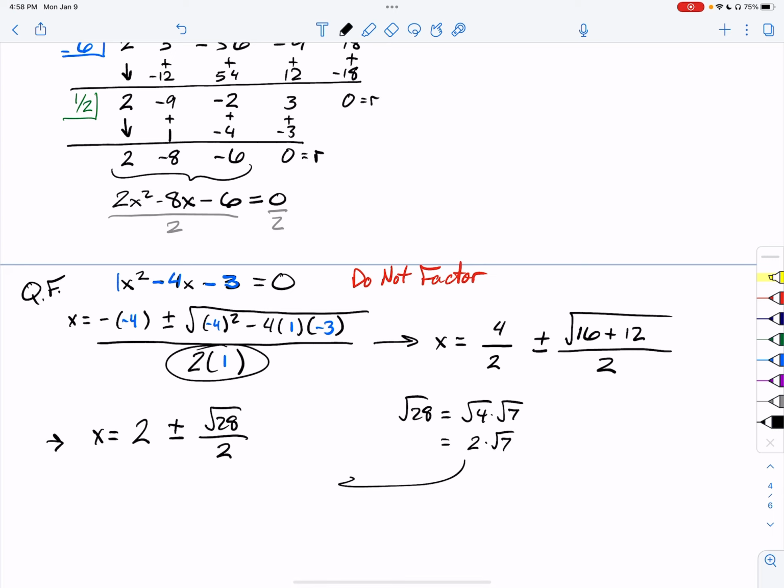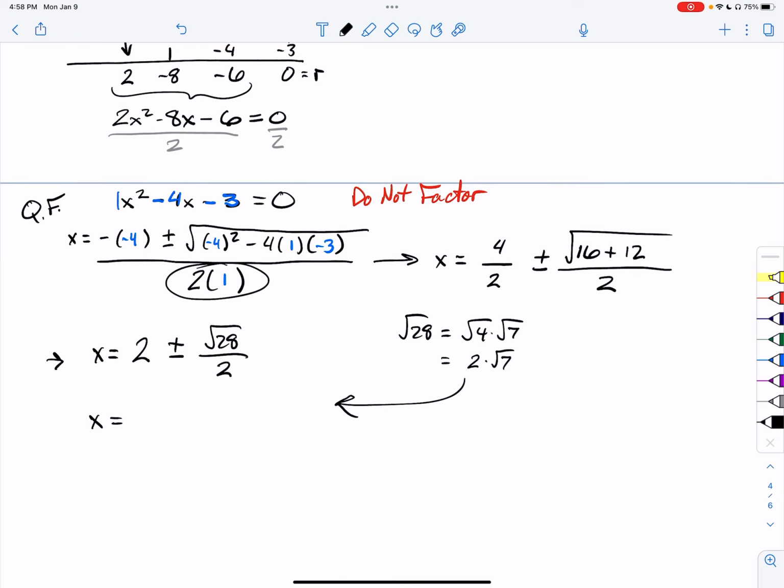So repack that over here, and what we see is still have that 2 out front. And then 28 was 2 radical 7. That up top with the 2 down below, we can now clean up that 2, reduce that out, and we've got 2 plus or minus radical 7.